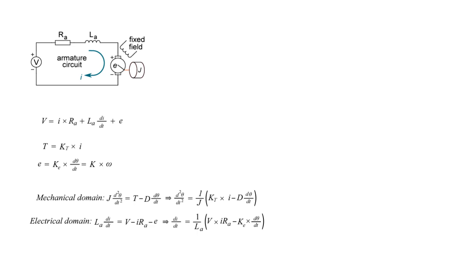Here, this one is the armature resistance. This one is the armature inductance. E is called the back EMF. Armature current means the current flow. Also V is the supply voltage.